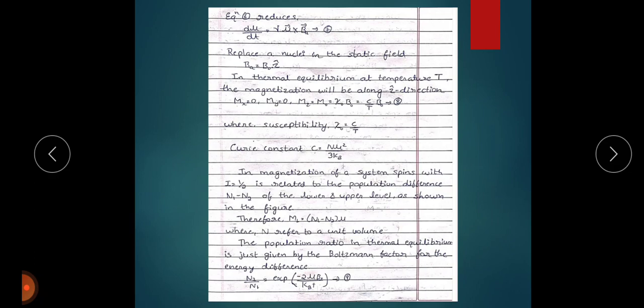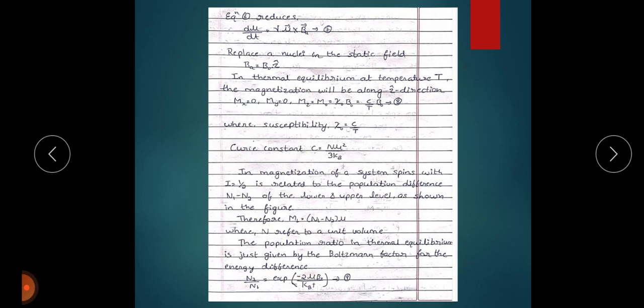When we apply the magnetic field along the Z component, the static field becomes BA equal to B naught into vector Z. In thermal equilibrium at temperature T, the magnetization will be along the Z direction.